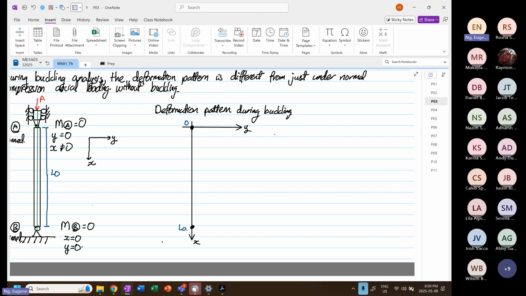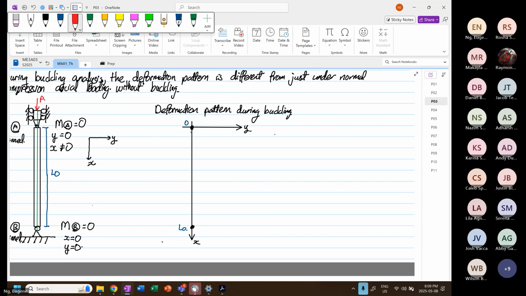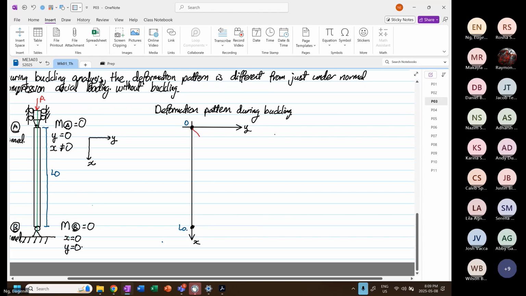So the next, I will draw the centroid, I will draw the deformation pattern. So I'm going to sketch the deformation pattern during buckling. Okay.